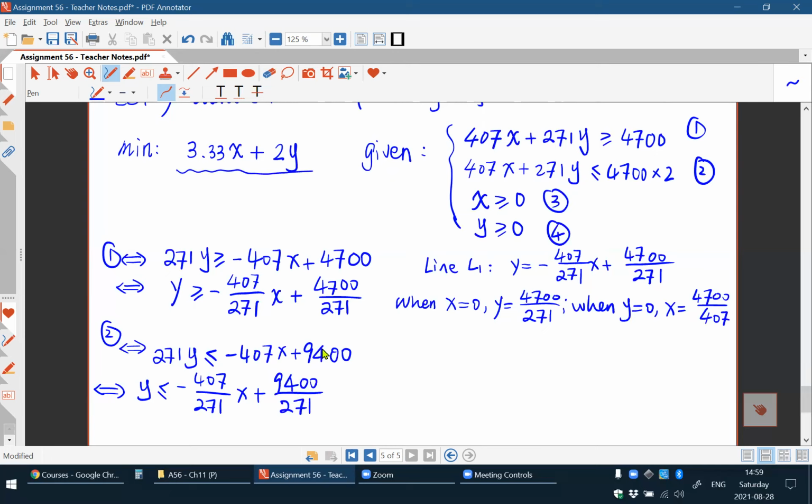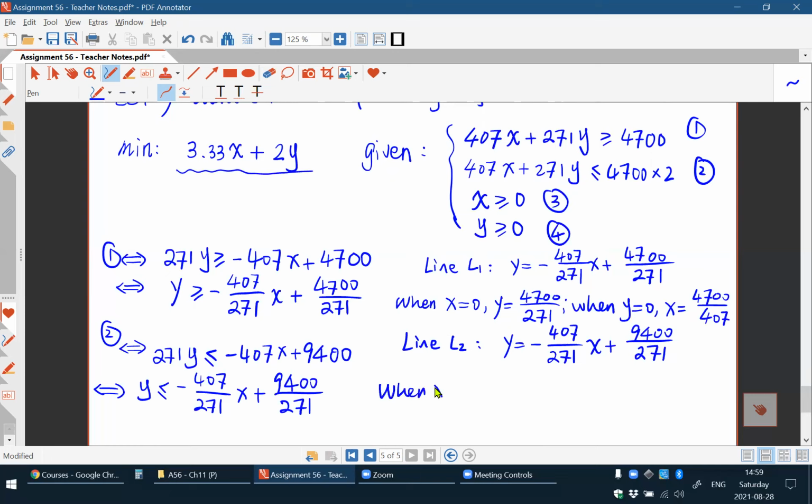So the corresponding line L2 is y equals minus 407 over 271x plus 9400 over 271, right?